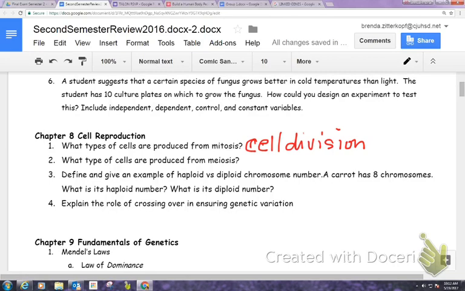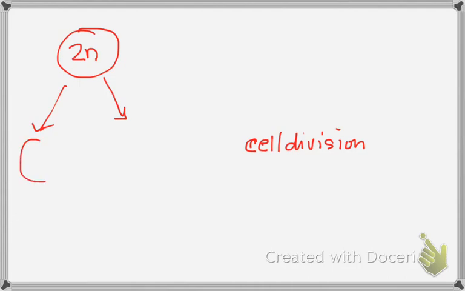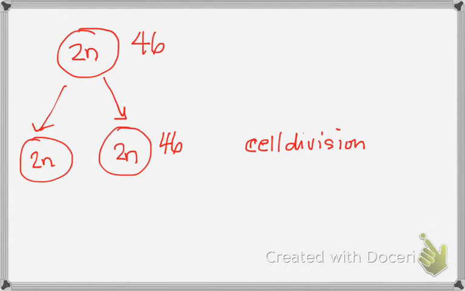And in that cell division, you're taking one cell that is diploid, and you're making two cells that are also diploid. You should be familiar and comfortable with the terms diploid and haploid. Okay. And so if I give you the diploid number of 46, these cells down here also have 46 chromosomes.